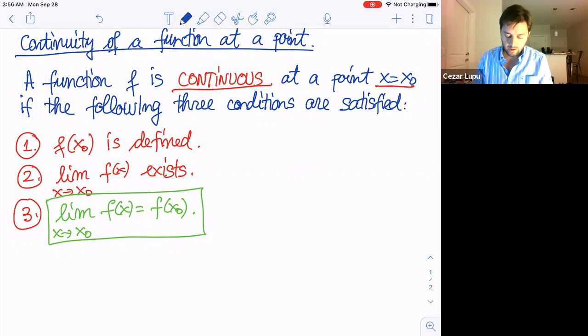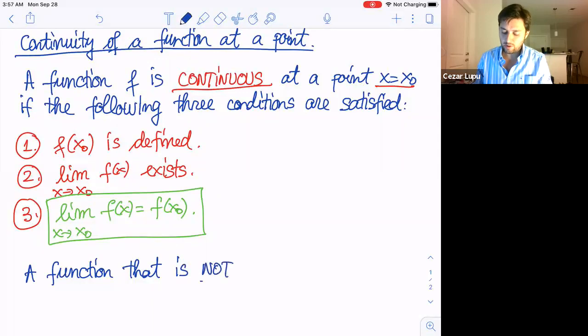Now we would like to see what it means for a function not to be continuous.